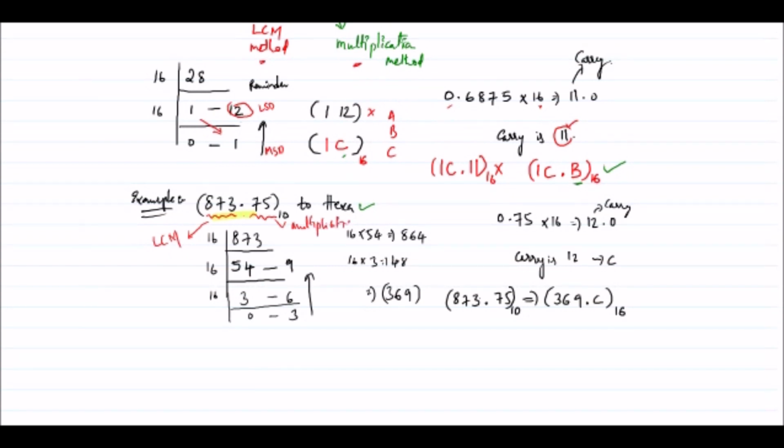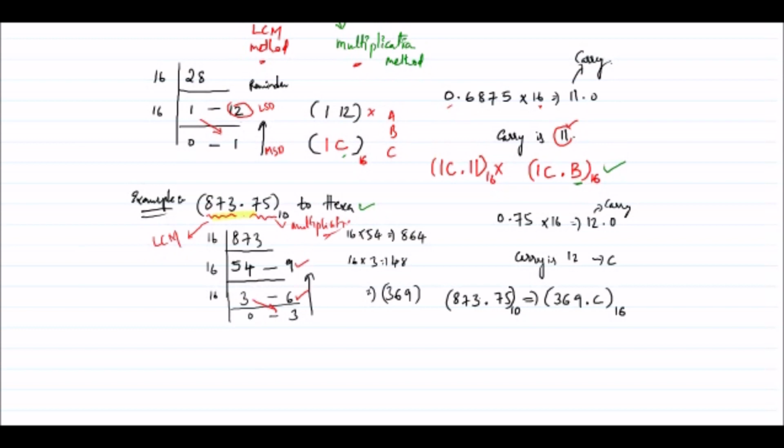When I divide 873 by 16, 16 times 54 is 864, which leaves a remainder of 9.